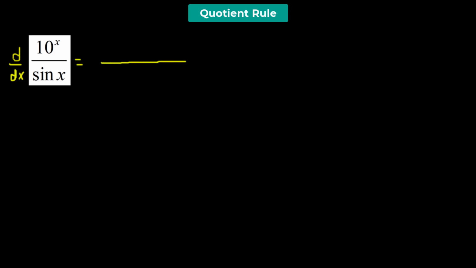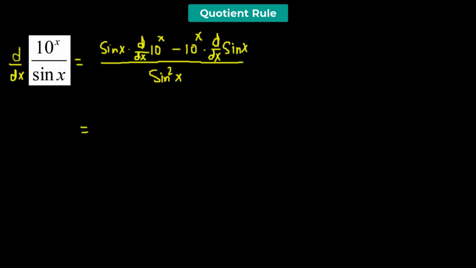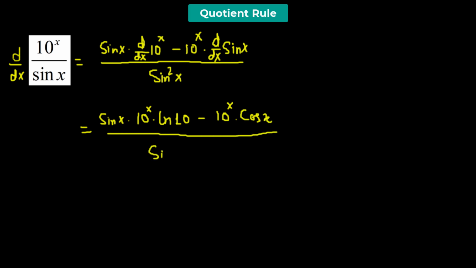So we have sine squared x in the denominator, then in the numerator we have sine x multiplied to the derivative of the numerator minus the numerator times the derivative of the denominator, which will give us sine x times derivative of 10 raised to the power of x will be 10 raised to the power of x times natural log of 10 minus 10 raised to the power of x times derivative of the sine function is the cosine function divided by sine squared x.